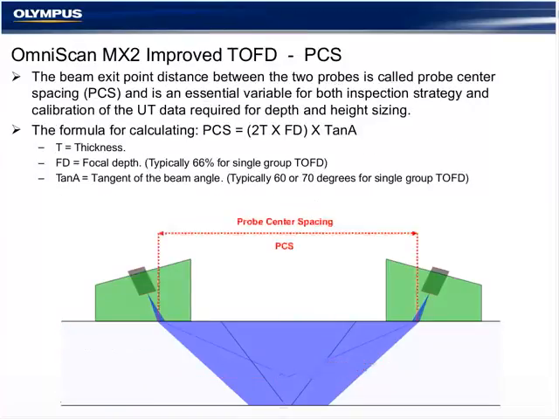There's a very simple calculation that's used to arrive at the PCS. And again, PCS is probe center spacing from exit point to exit point, not probe base to probe base. This is calculated automatically in the beam plotters like the NDT Setup Builder from Olympus or the ES Beam tool from Eclipse, or it can be done very easily on a calculator.